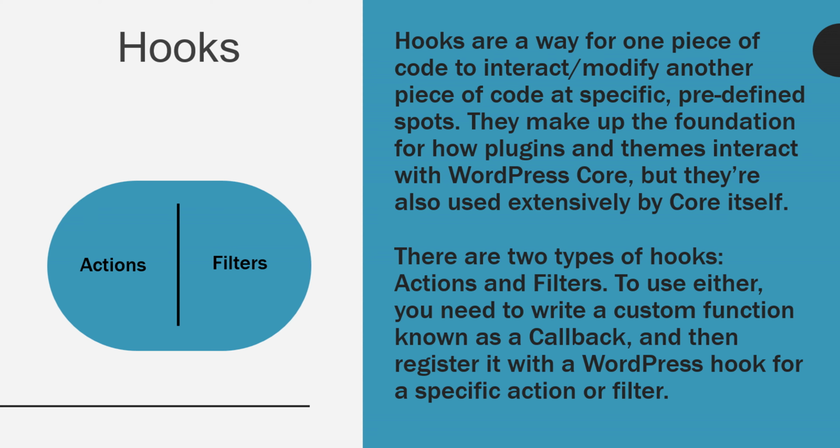They make up the foundation for how plugins and themes interact with WordPress core, but they are also used extensively by core itself. There are two types of hooks: actions and filters. For either, you need to write a custom function known as a callback and then register it with a WordPress hook for a specific action or filter.